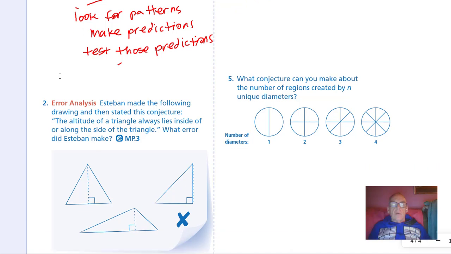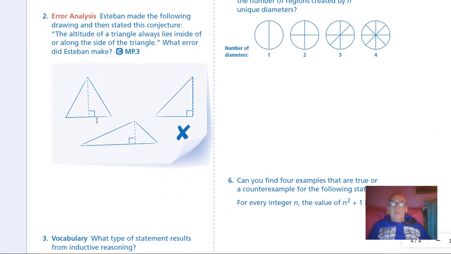Okay, let's look at number 2, error analysis. Esteban made the following drawing and stated his conjecture as: the altitude of a triangle always lies inside or alongside the side of the triangle. Now, an altitude is defined as a line that passes through the vertex.